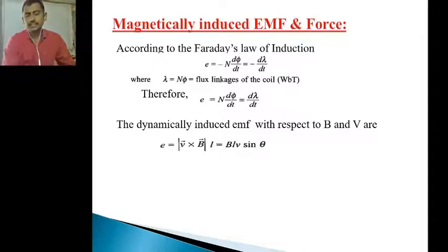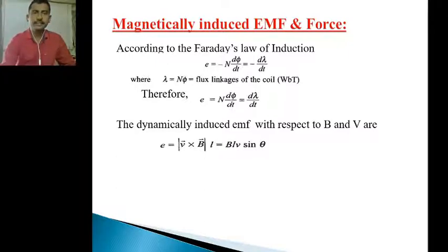So this is the EMF equation for the statically induced EMF, which is given by Faraday's second law, and the dynamically induced EMF is E is equal to the cross product of V and B, into L. We know that the cross product A cross B is equal to AB sine of the angle between those two.